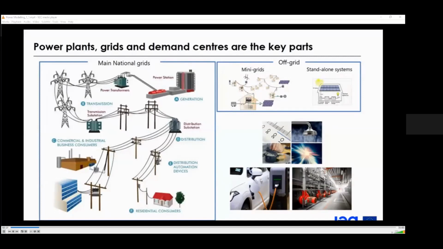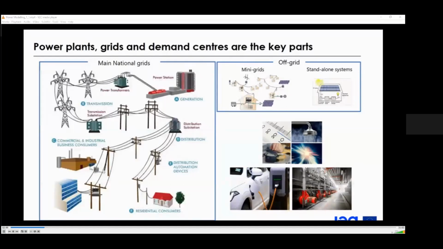And now this traditional way of looking at flows is becoming blurrier and blurrier. You can see that now more and more consumers are generating their own electricity and injecting it into the grid. So this traditional unidirectional flow is becoming more multidirectional.